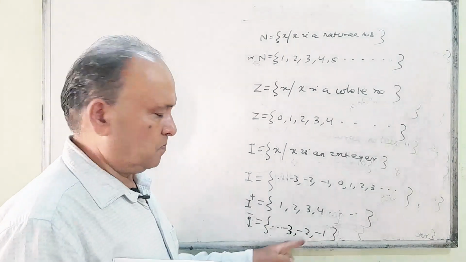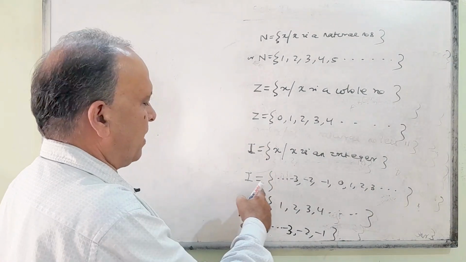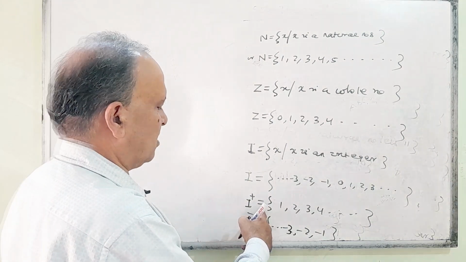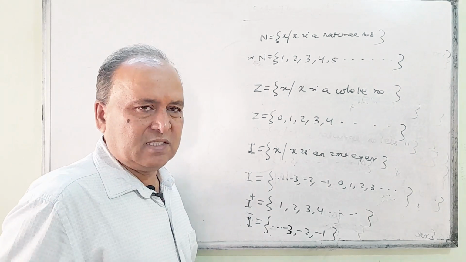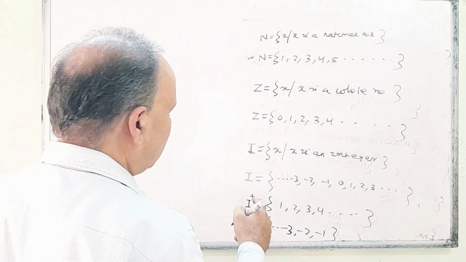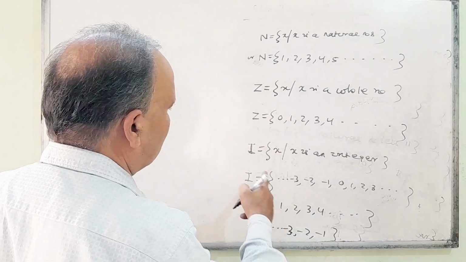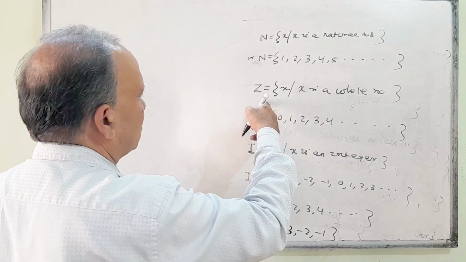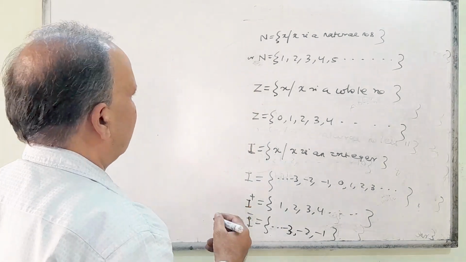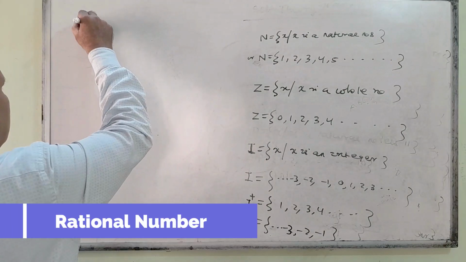This is also an infinite set. I is the integers, I plus is the set of positive integers, these are infinite, and I minus is the set of negative integers. That means all whole numbers are included within the integers and all natural numbers are included within whole numbers.